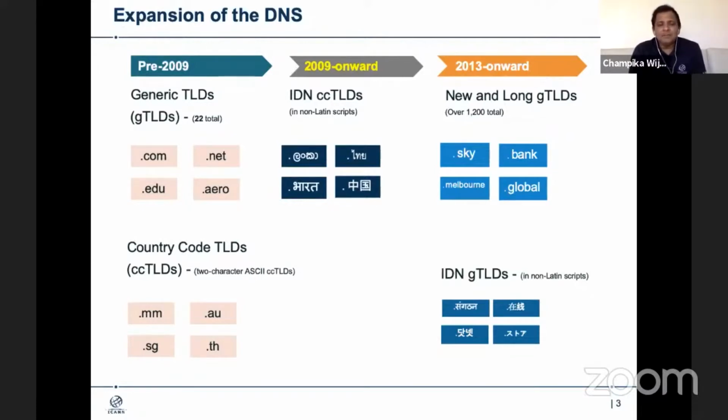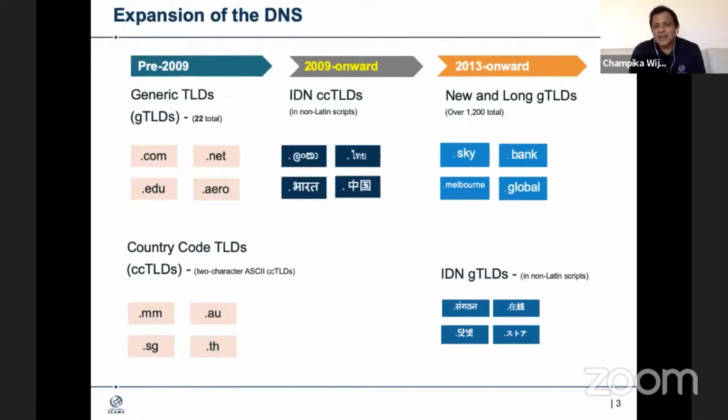But then after about the year 2000, top level domains like .aero, .travel and .info were added. So currently we have about 22 of these generic top level domains in the DNS.